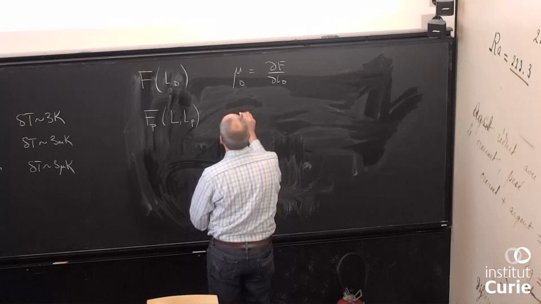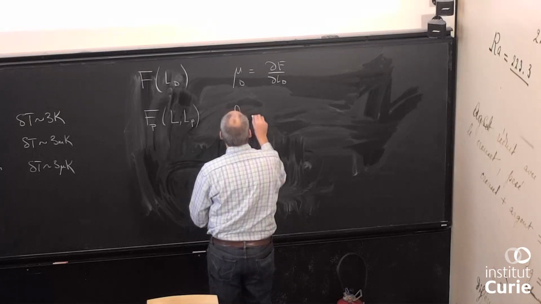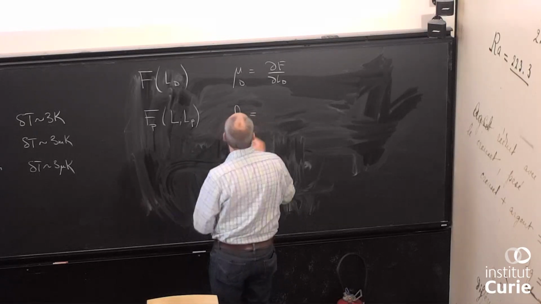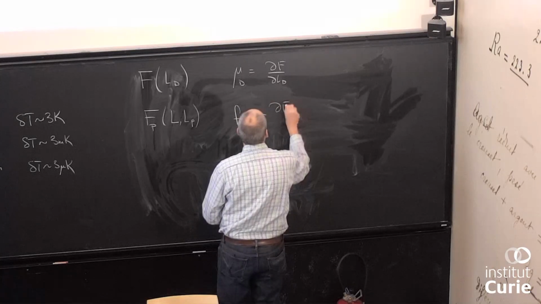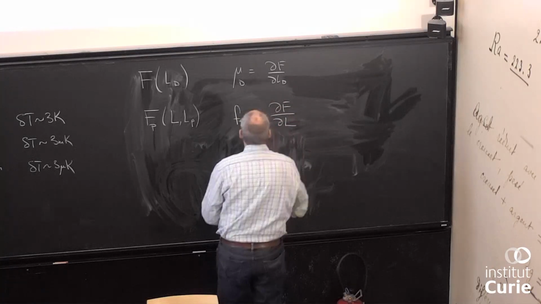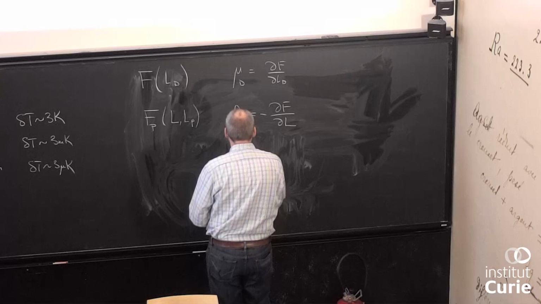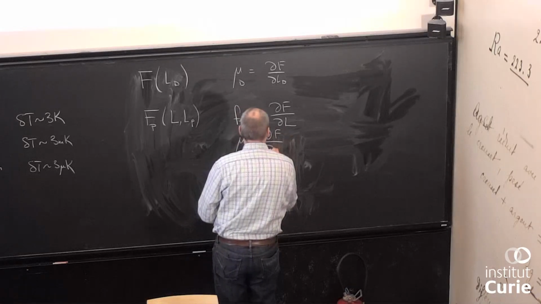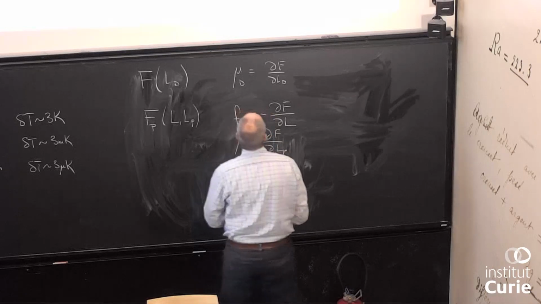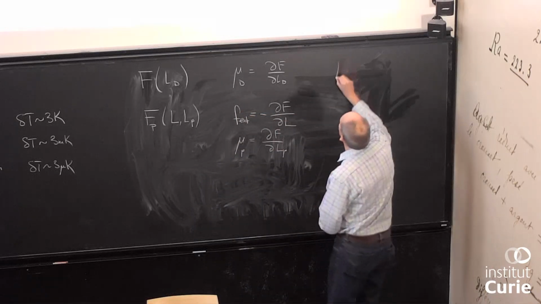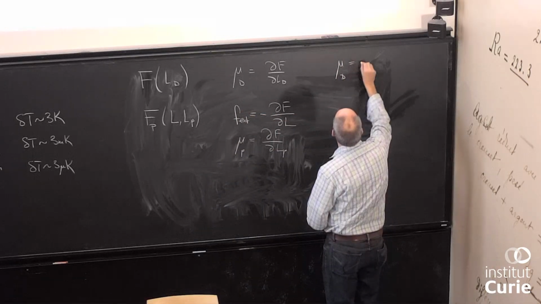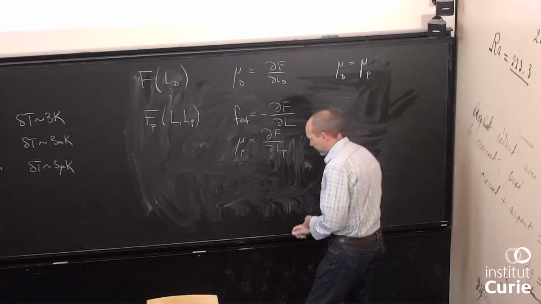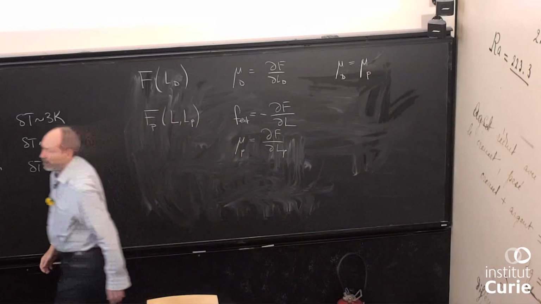And then the force that is acting on the ends is something like minus dF/dL. And then there's a mu, which is more like a chemical potential, dF/dLp. And then the equilibrium condition is that these mu's are the same. And that's the balance condition.